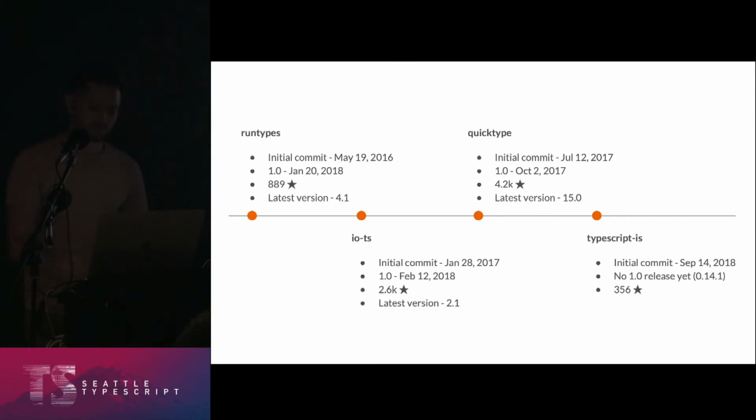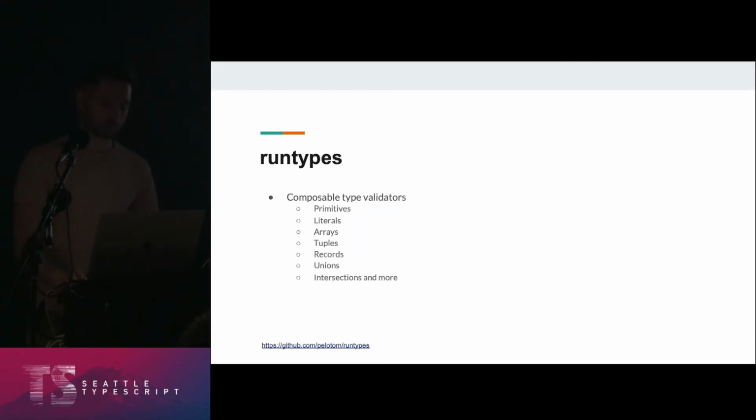All right, so first one, run types. There will be a lot of similarity between all of these, but I'm going to point out the unique things, some benefits to why you may want to use each. So first one, run types. It's basically a way to compose validators.